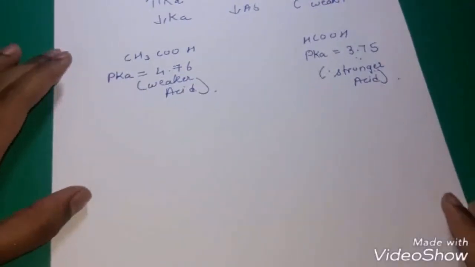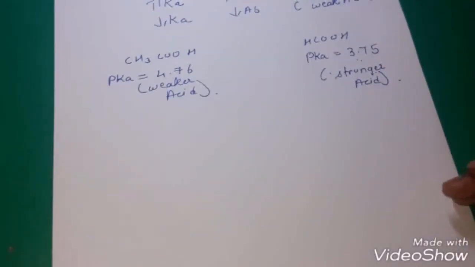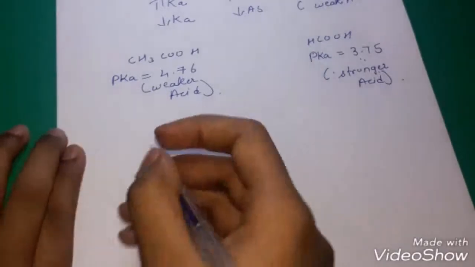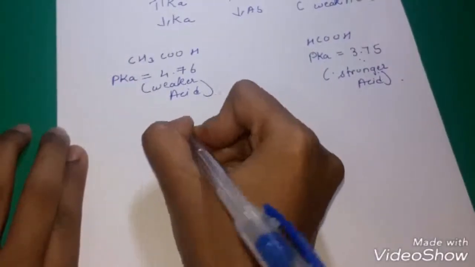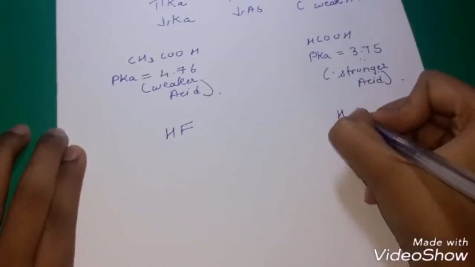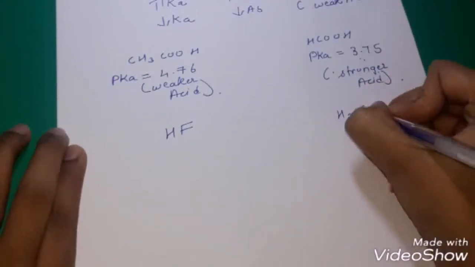Okay, so now what if they have given you the value of Ka? So we will look at that example. If this is hydrofluoric acid, this is hydrosulfuric acid.